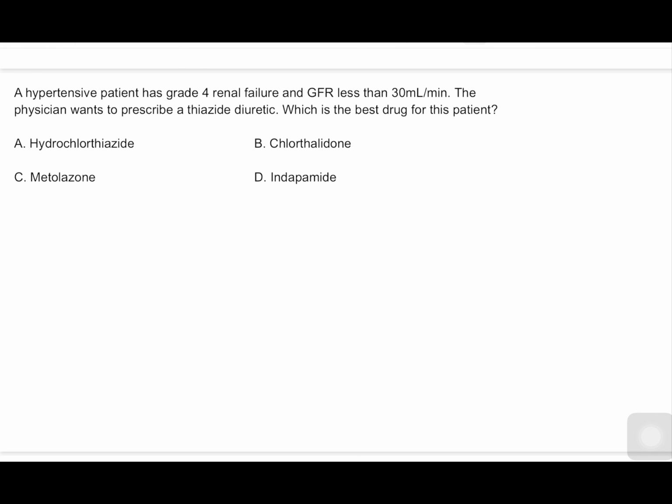Next is a hypertensive patient is having grade 4 renal failure and GFR less than 30 ml per minute. The physician wants to prescribe a thiazide diuretic, which is the best drug? So if you know, generally thiazide, whenever you are using in chronic duration or in patient with renal failure, they will decrease the GFR.